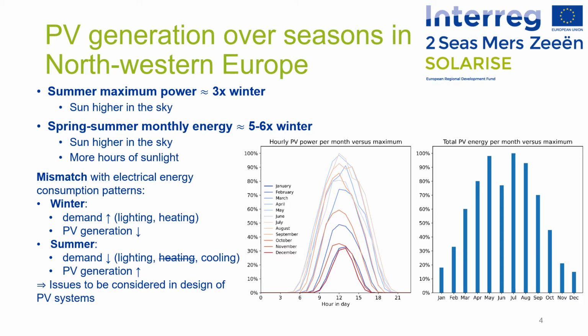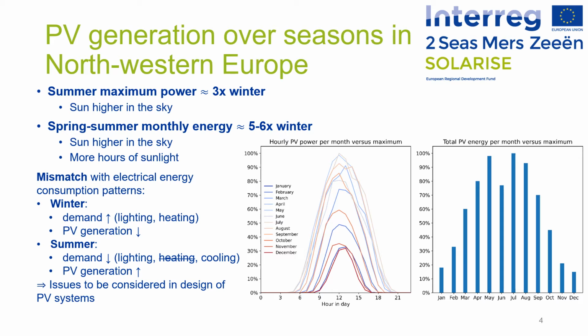With all of this, we do need to consider the mismatch with the electrical energy consumption patterns: usually in winter the demand is higher because of more lighting and heating needs, whereas PV generation, as just shown, is lower. In summer, the demand is usually a little bit lower.